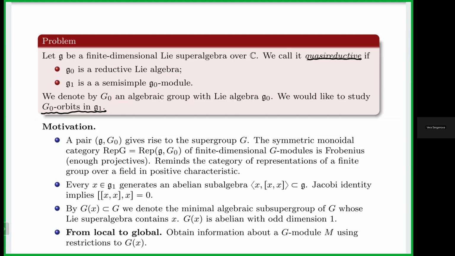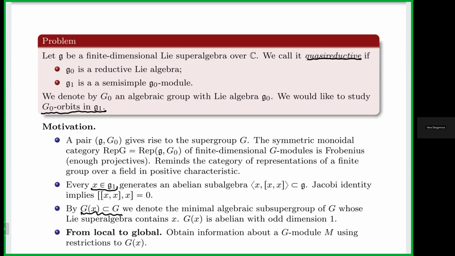Next, we consider any odd element x here, and it generates an abelian superalgebra. Usually it is a one-dimensional superalgebra. I take x and its commutator with itself, and by the Jacobi identity, [x, x] is 0. Now we consider the minimal algebraic supergroup G_x inside G whose Lie superalgebra contains this element.